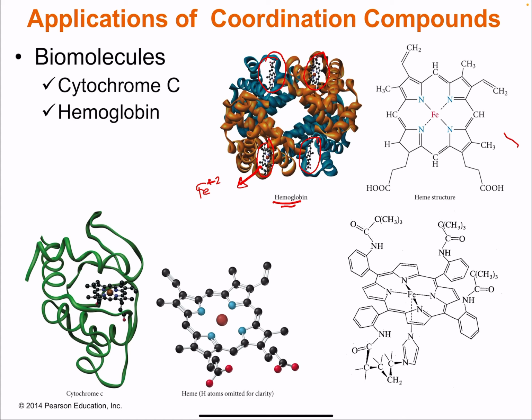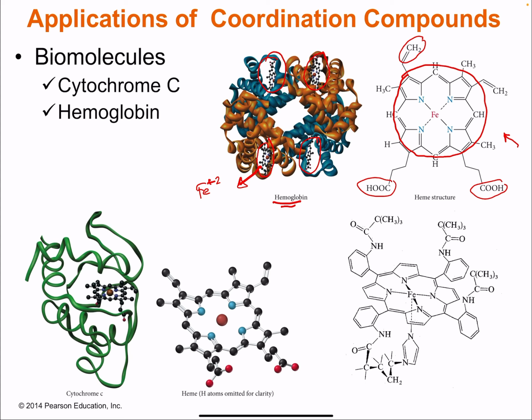So this is the top view of the porphyrin ring, and the ring is a little different because it has some extra functional groups on it, but essentially the ring is the same as in the previous diagram that I showed you. And you can see how you can have 4 bonds with the iron.